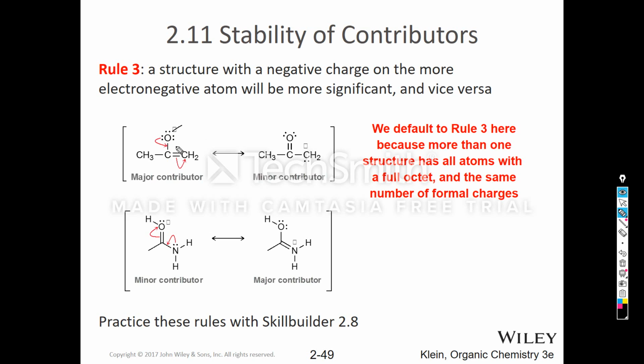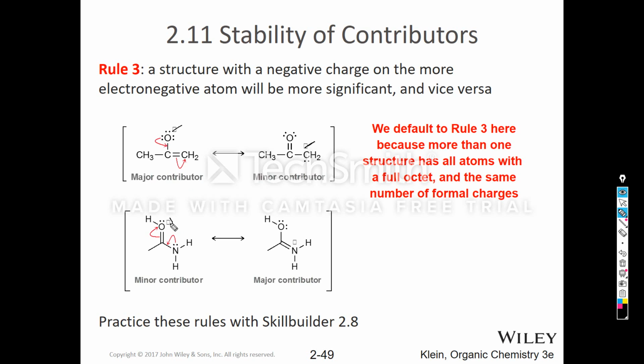Again, we have discussed this in various places. This form leads to the other form. Here the oxygen does not have the negative charge, but it has a double bond. The carbon has a negative charge. So between these two, this is the minor contributor because carbon is less electronegative, and this is the major contributor because oxygen is more electronegative.